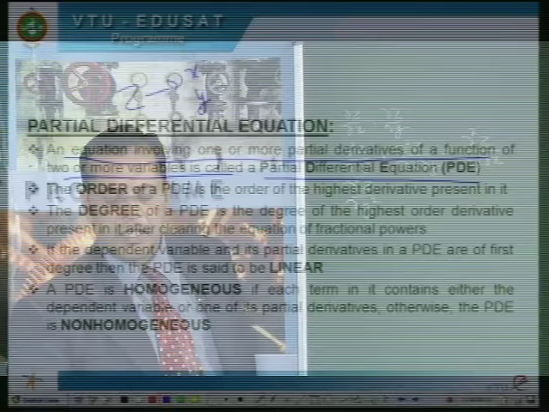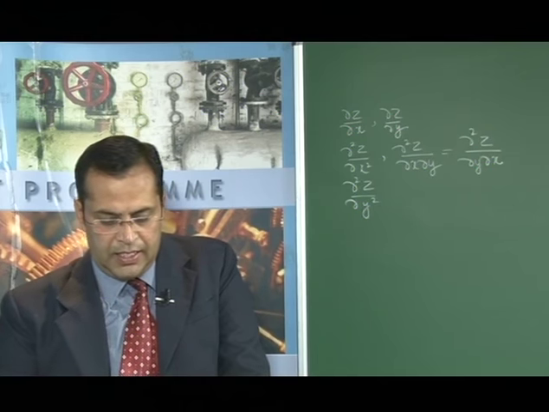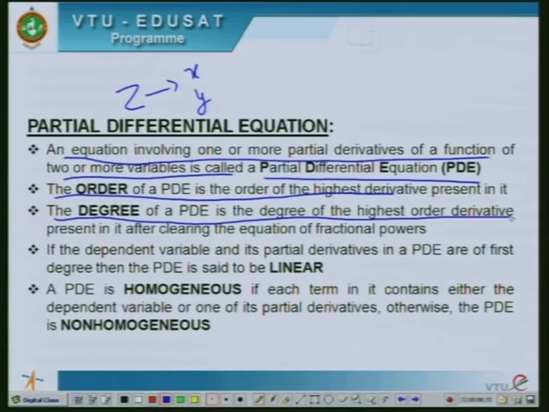Next, the order of a PDE is defined as the order of the highest derivative present in it. So, go to the PDE, find out the partial derivative present in it which is of the highest order. The order of that derivative becomes the order of the PDE itself. Next, the degree of a PDE is the degree of the highest order derivative.